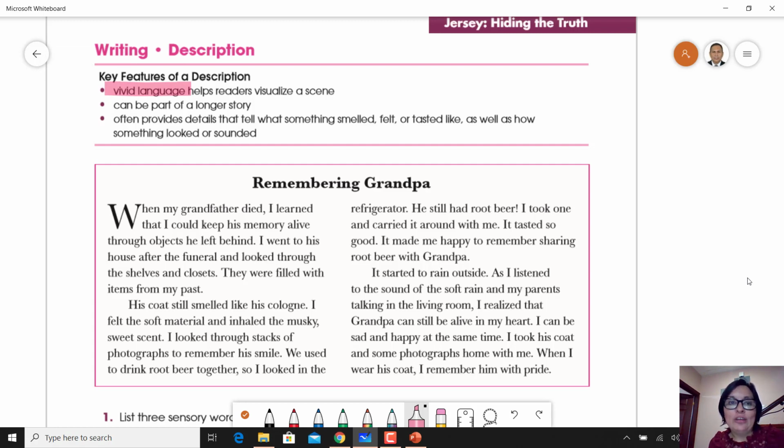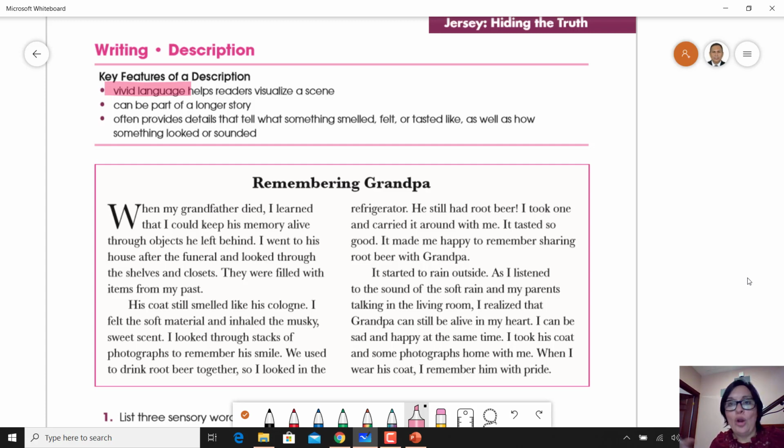It is the language that you are going to use to write a description in a way that the person who is going to read what you wrote has to imagine what you were writing just by reading. When you read something and you can imagine every scene of that, it is because you were using vivid language. I will explain this part later.